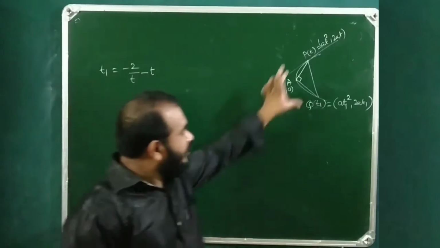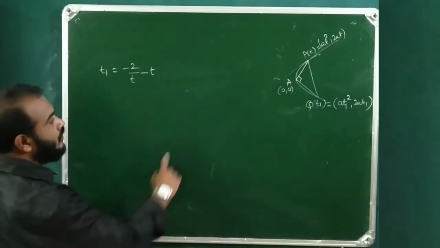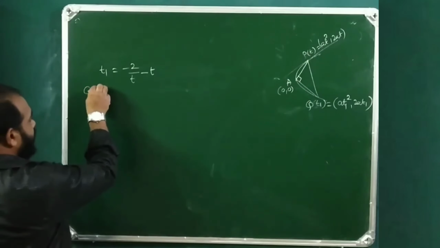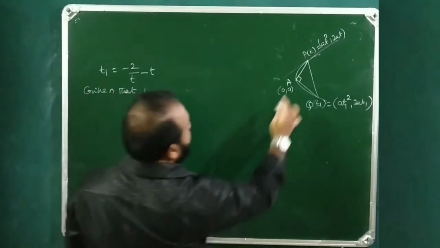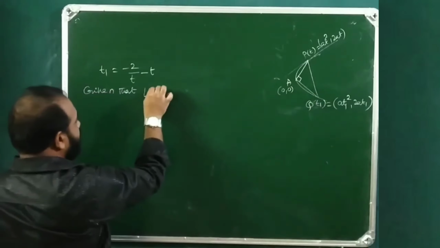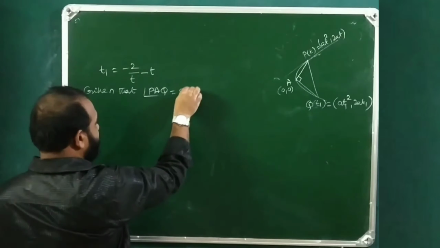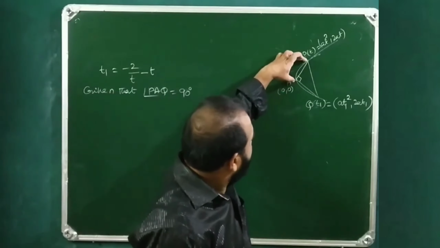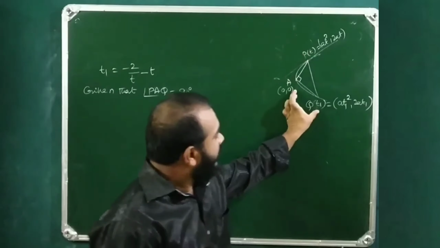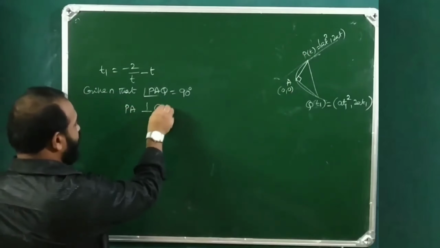Given that this normal chord subtends a right angle at the vertex, so given that angle PAQ is equal to 90 degrees, that means PA is perpendicular to QA.